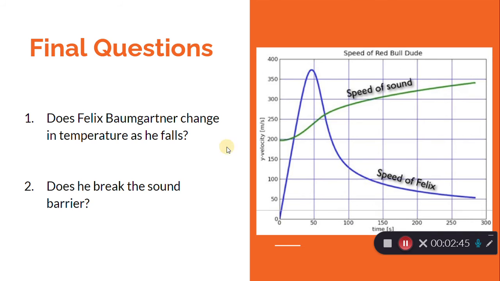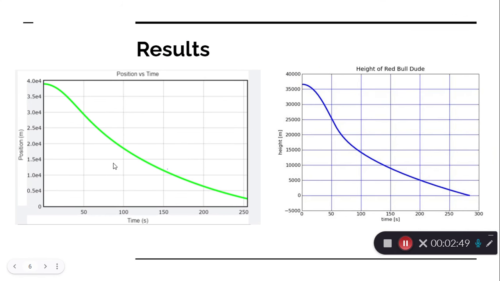And then on the left, you'll see the position versus time of our model, and as you can see, it does adjust where it gradually increases and then gradually decreases as he gets closer to the Earth's surface. This is an important thing to account for.